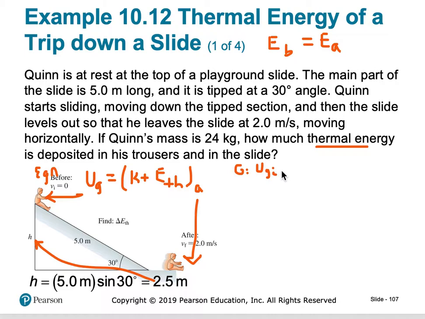We also have mass equal to 24 kilograms, and we have a v final speed. v initial is equal to 0. That's where our kinetic energy comes to 0. And our final speed is equal to 2 meters per second. Our goal here is to find our E thermal.